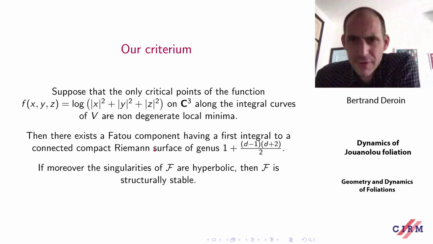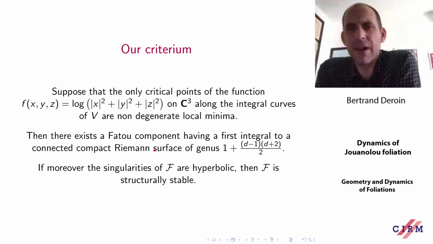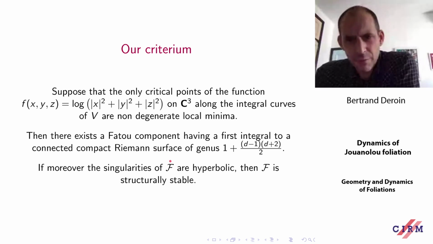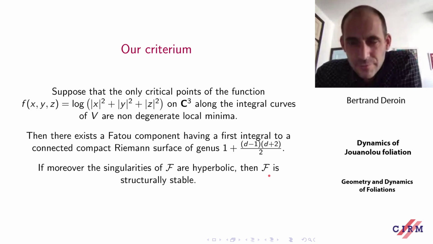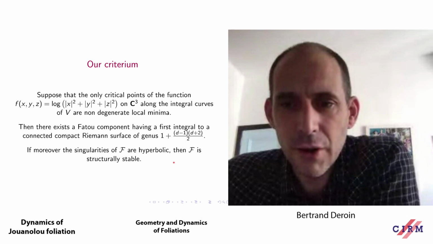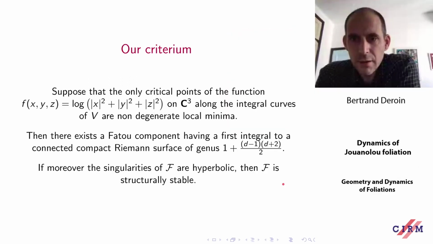Moreover, if the singularities of the foliation are assumed to be hyperbolic, namely that the quotient of the eigenvalues is not a real number, which is what I mean by hyperbolic here, then we can prove that the foliation is structurally stable.

"You mean a restriction of this foliation on the Fatou component?"

No, I mean the whole foliation.

"How do you know its behavior outside of the Fatou component?